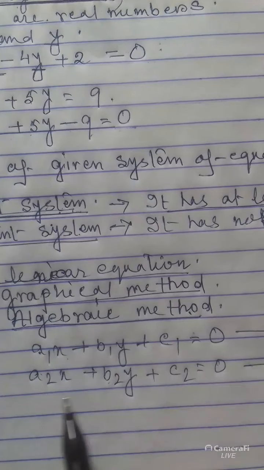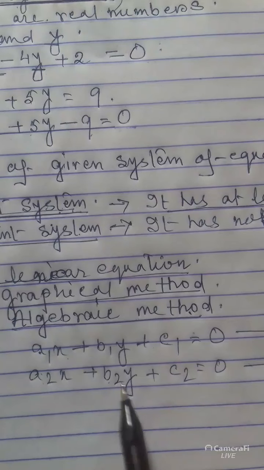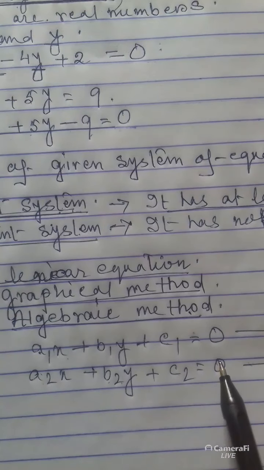This is equation number one. And a2x plus b2y plus c2 equal to 0. This is equation number two. There are two equations in the given system of linear equation.